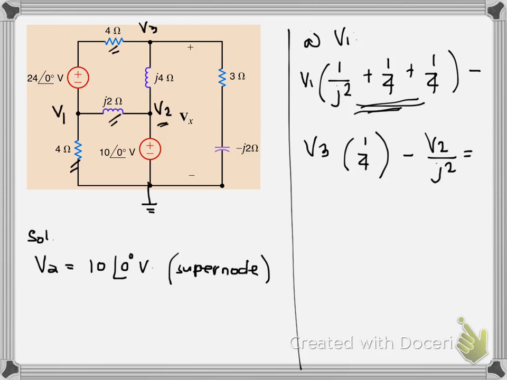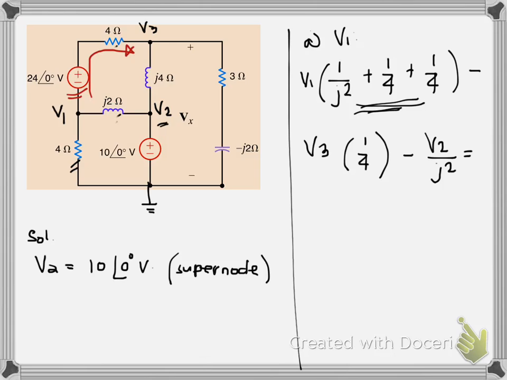By the way, considering V1, the only current we can take into account is this current, since there is a voltage connected at V1.